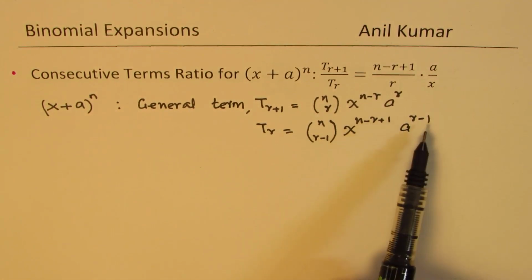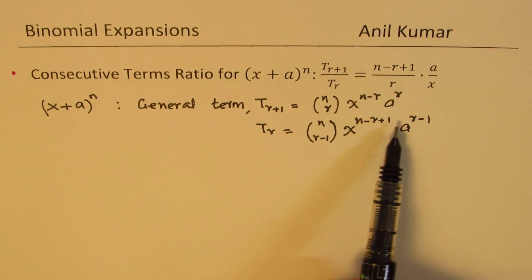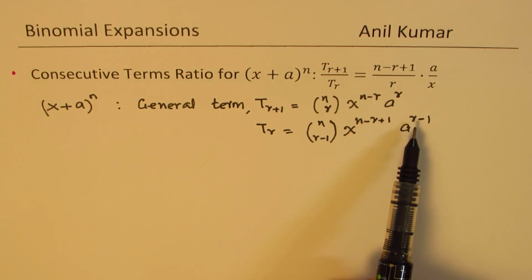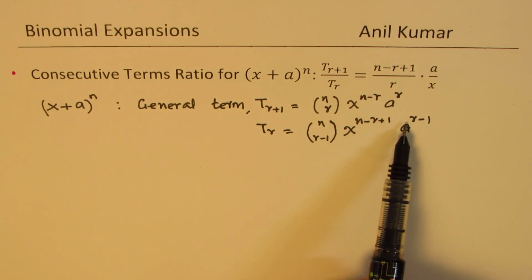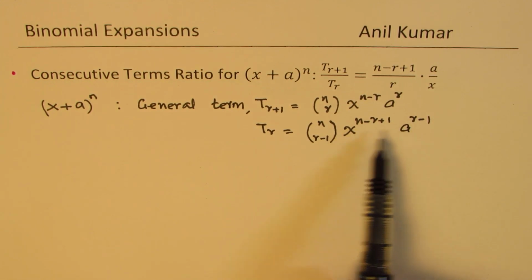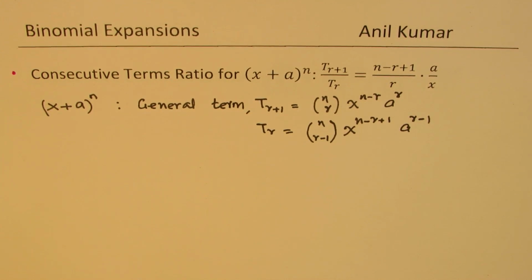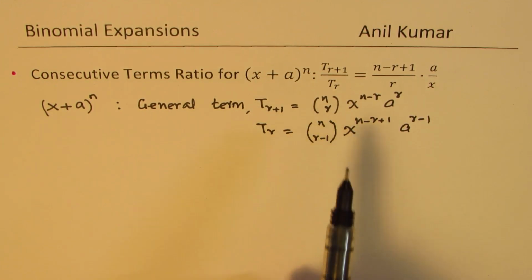You can always check this result. If you add these two exponents, what should you get? You should get n. So n minus r plus 1 plus r minus 1 is n. So that is the correct formula. This is kind of a review of binomial expansion, and now we can simply find the ratio.